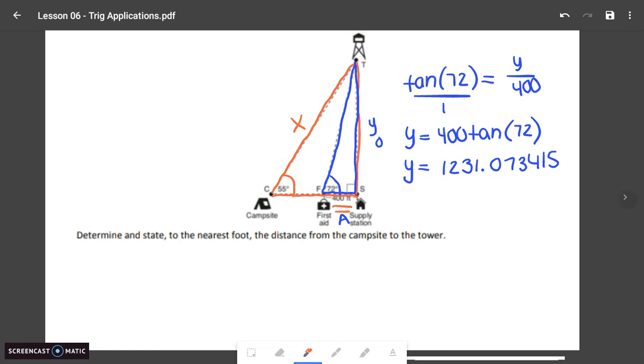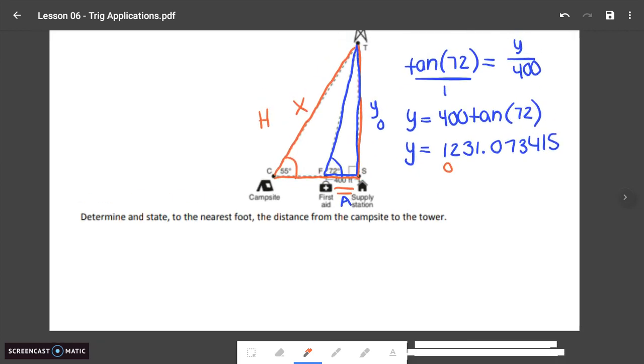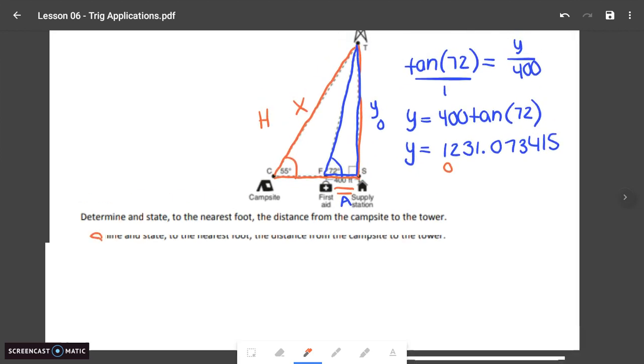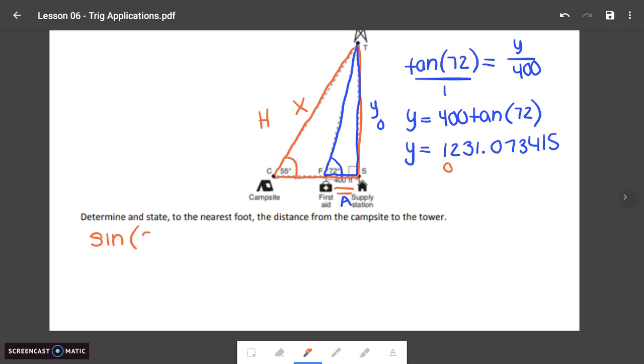But so now that's that side here, and we can use that for the next piece, because now from 55 degrees for the orange triangle, we have the opposite. We want the hypotenuse, so we're going to be working with sine. So now we have sine of 55 is equal to the opposite, which is that whole big thing again. So remember, I'm not rounding just yet, just to be safe.